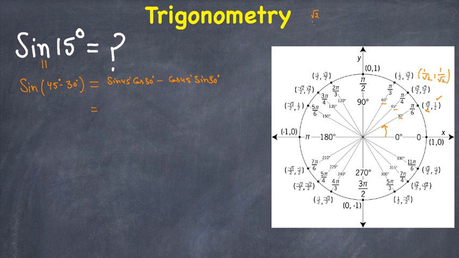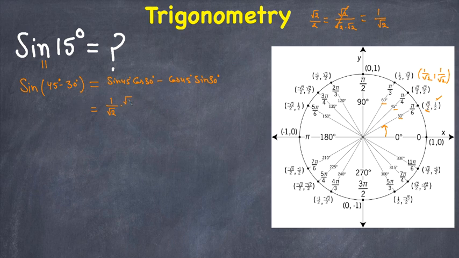So root 2 over 2, excuse me, so root 2, 2 can be written as multiplication of root 2 into square root of 2. See, so these will cancel each other. You're left with 1 over square root of 2. Okay, so sine 45 is 1 over square root of 2. How about cosine 30? So 30 degrees here, cosine is x value, so which is root 3 over 2.